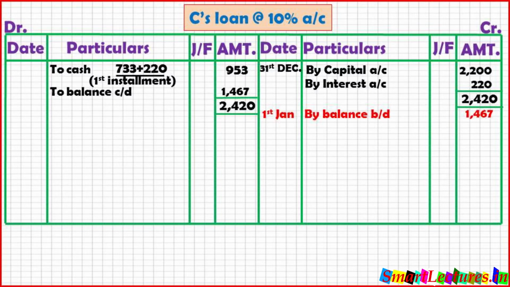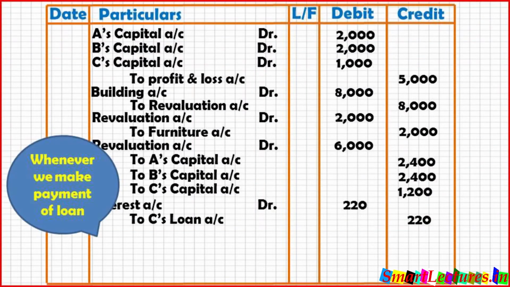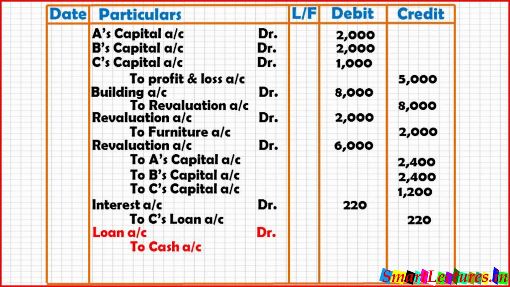And now on 1st January by balance BD 1,467, and on 31st December by interest at the rate of 10%, that will be 147. Basically we have calculated 10% interest on 1,467, that is 147. So total on credit side 1,614. So let's make the payment today. Whenever we make the payment of loan, our journal entry is loan account debit to cash.